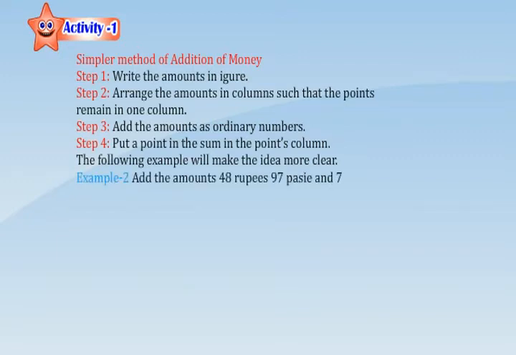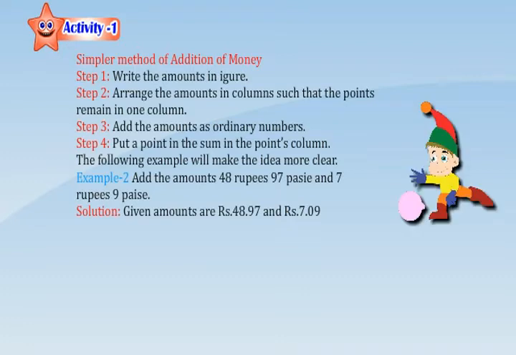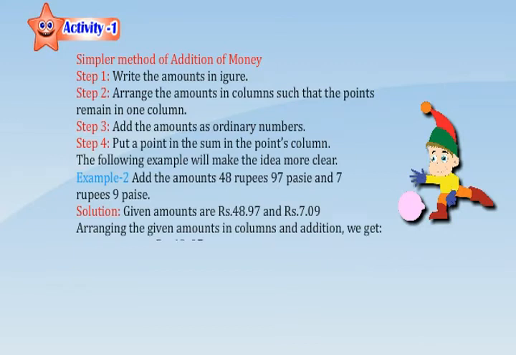Example 2. Add the amounts 48 rupees 97 paise and 7 rupees 9 paise. Solution: given amounts are ₹48.97 and ₹7.09. Arranging the given amounts in columns and adding, we get the sum.